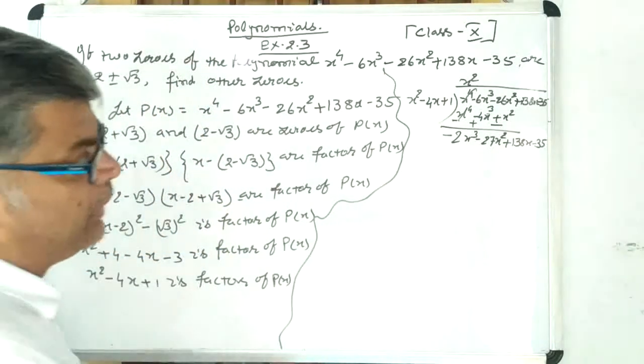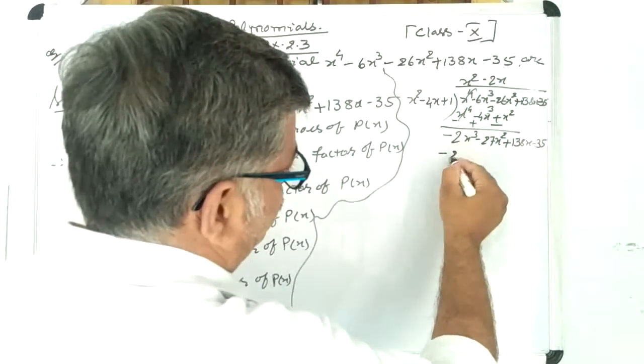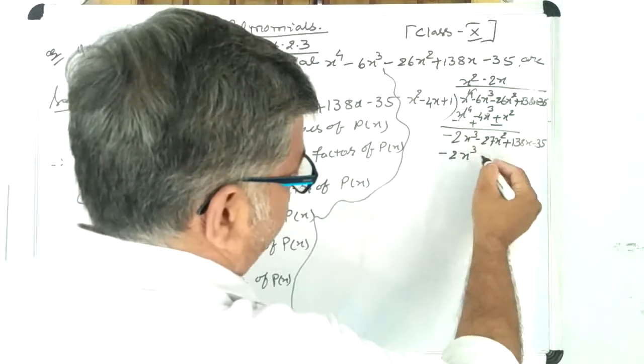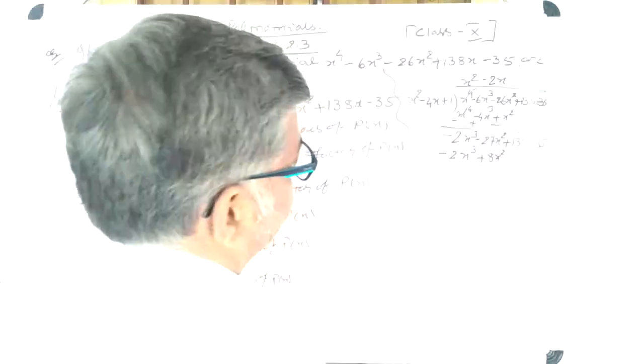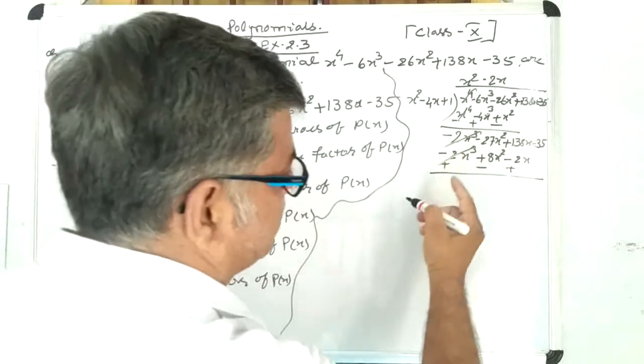Now this will go by minus 2x. So it will be minus 2x cube plus 8x square minus 2x. Again change the sign, so this gets cancelled. Minus 27x square minus 8x square will become minus 35x square, and it will be plus 140x minus 35.